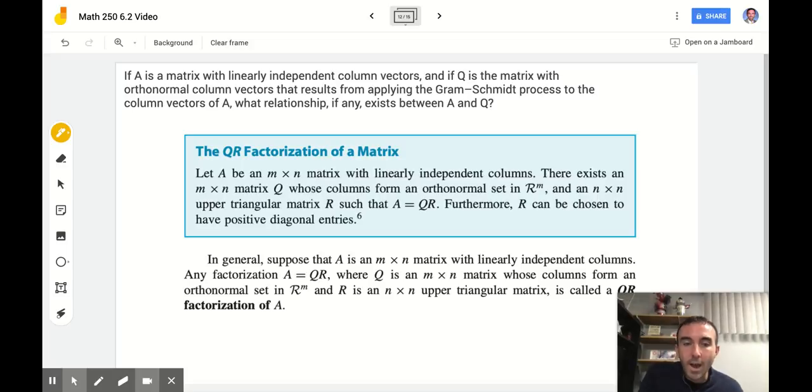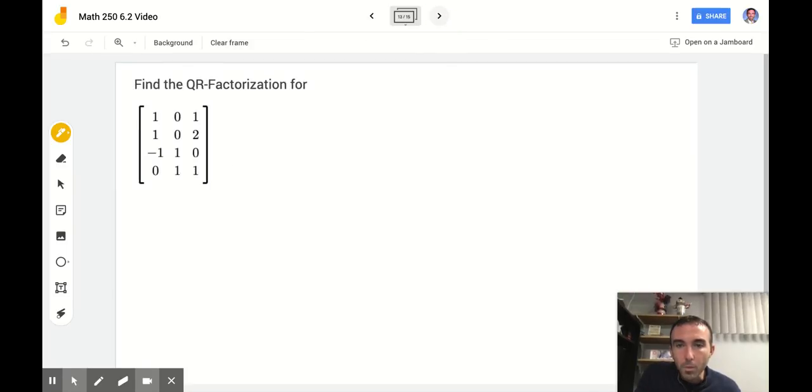So we call that a QR factorization of a matrix. So again, Q has orthonormal columns, and R is an upper triangular matrix. To find the QR factorization, we will go through a series of steps, and it turns out we can also use it to solve systems.